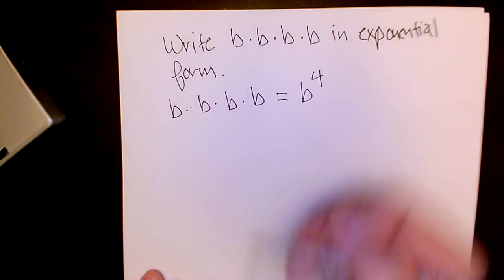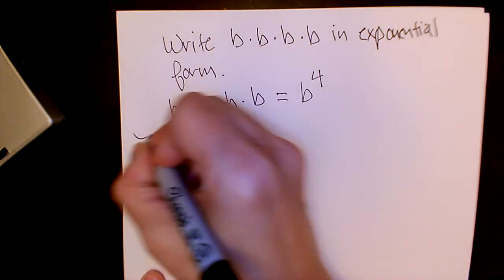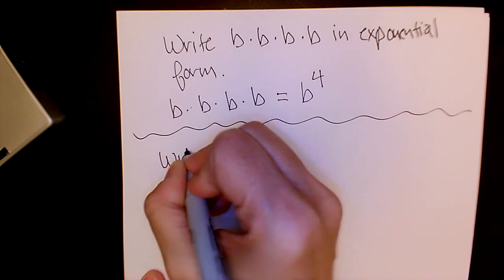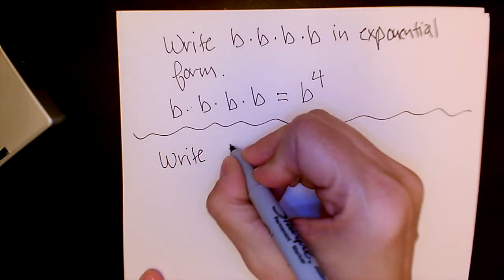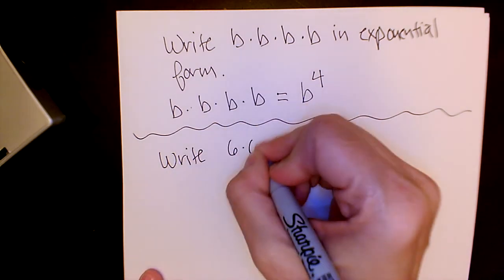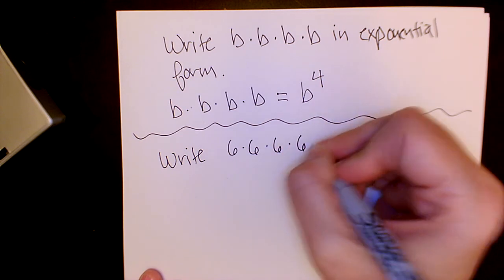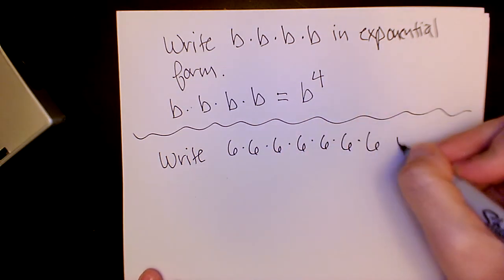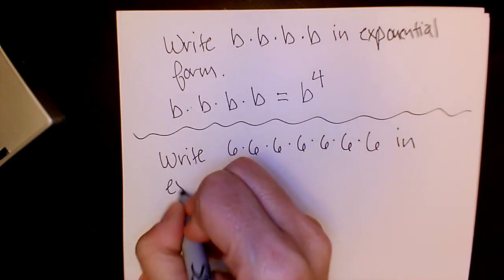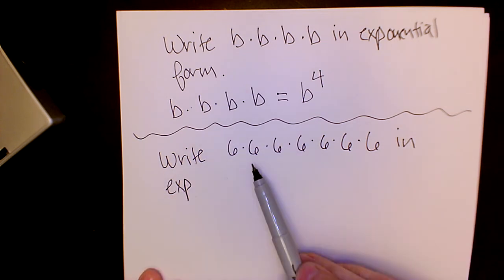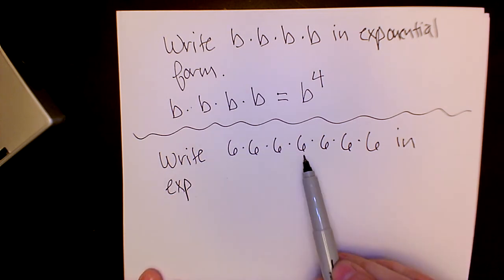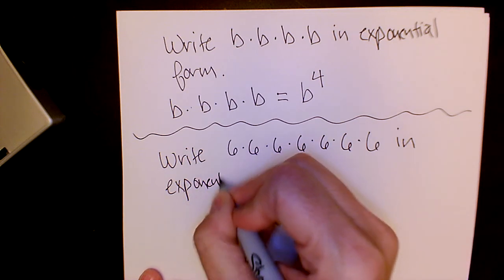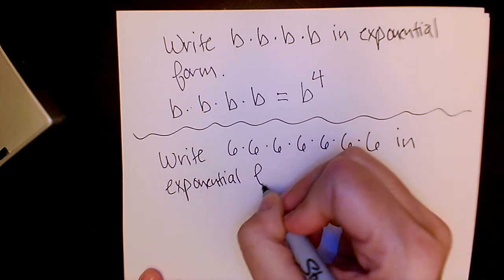Let me do one more. What if I had 6 times 6 times 6 times 6 times 6 times 6 times 6, and let's say I wanted to write that in exponential form.